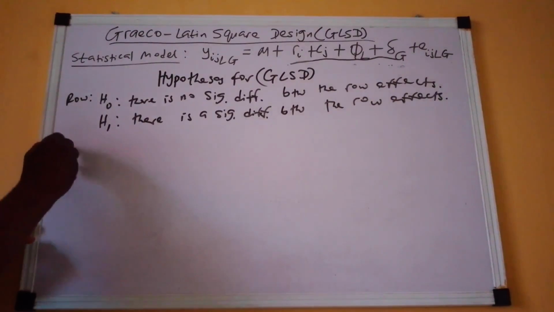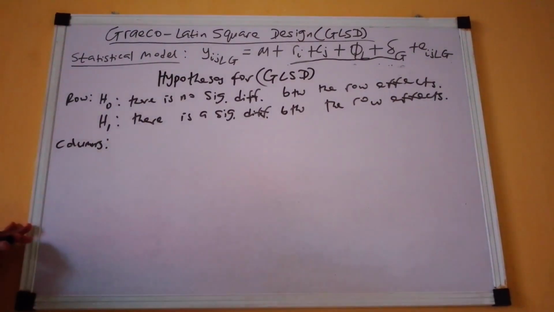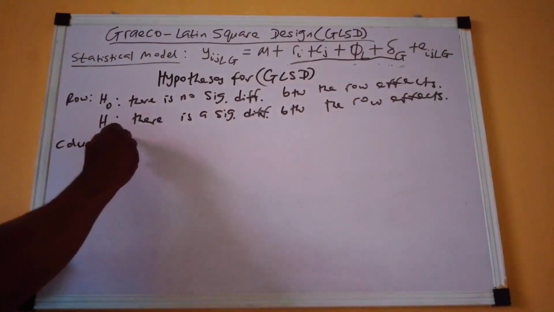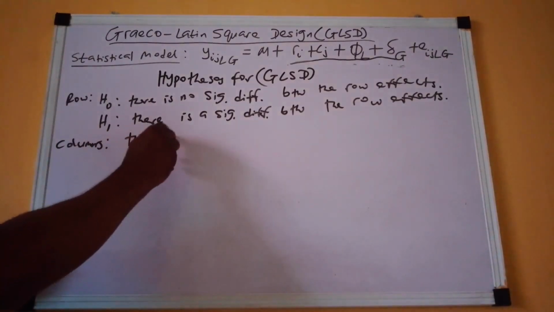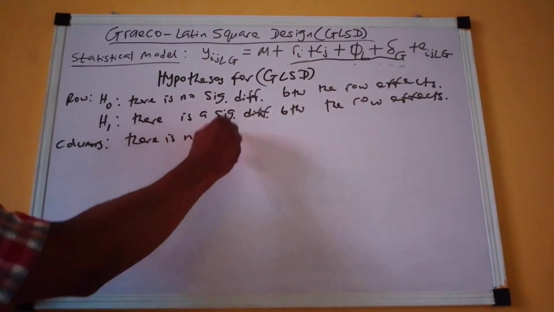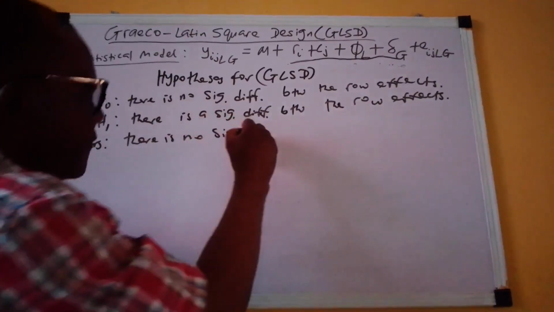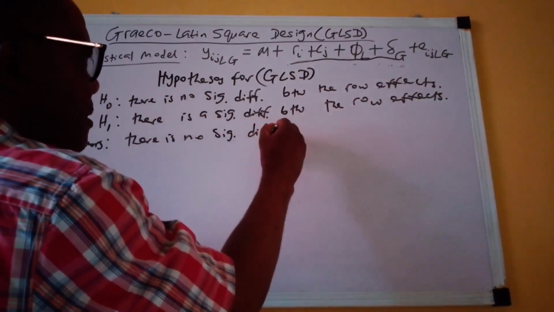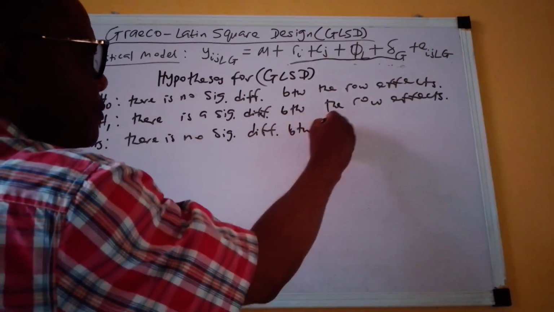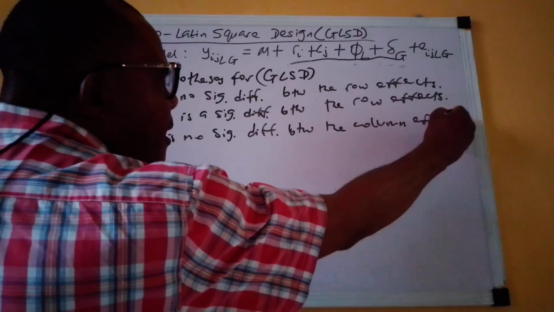Then for the columns, our H0 will be there is no significant difference between the column effects.